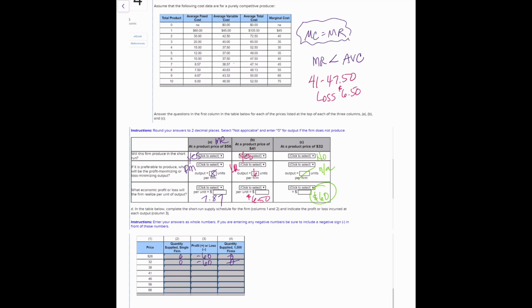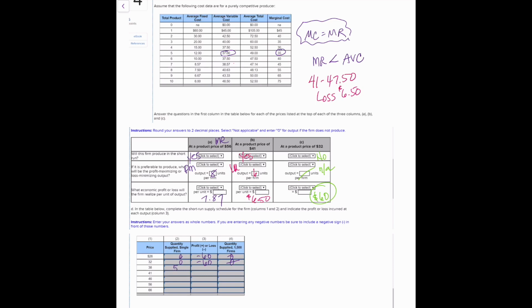Now at 38, remember 38 represents marginal revenue, so we wouldn't produce 6 units, but we would produce 5 units because our revenues cover our costs at that point. We can see that the price of $38 covers our average variable cost. So at $38, we would produce 5.